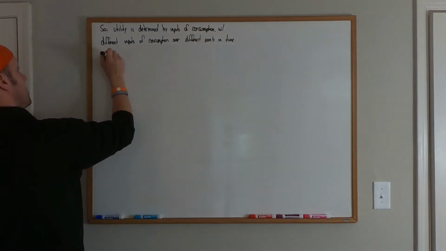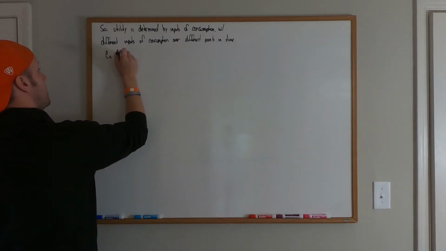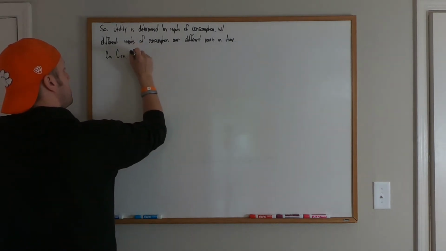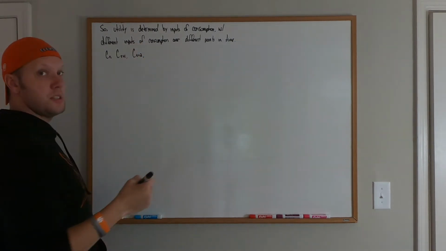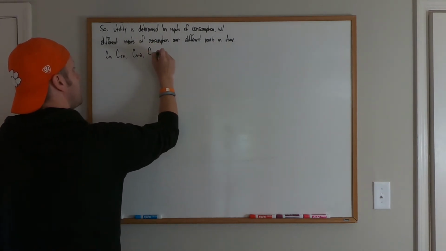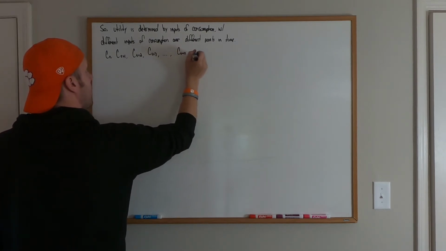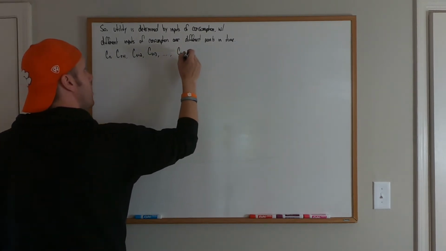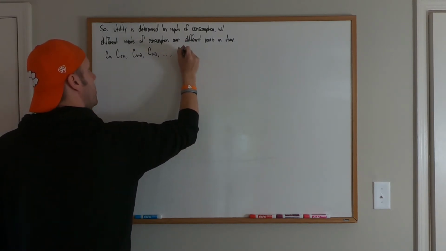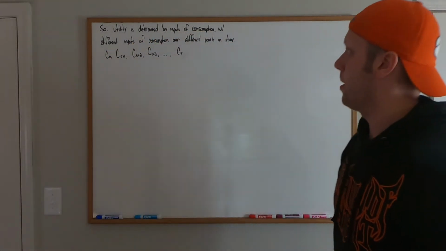So what we would have is like consumption today, C sub t, consumption tomorrow, Ct plus 1, consumption 2 days from now, Ct plus 2, consumption 3 days from now, Ct plus 3, and on and on and on, all the way up to Ct plus n, or if you want to stick with the notation I had earlier, we could call it C capital T, terminal point in time.